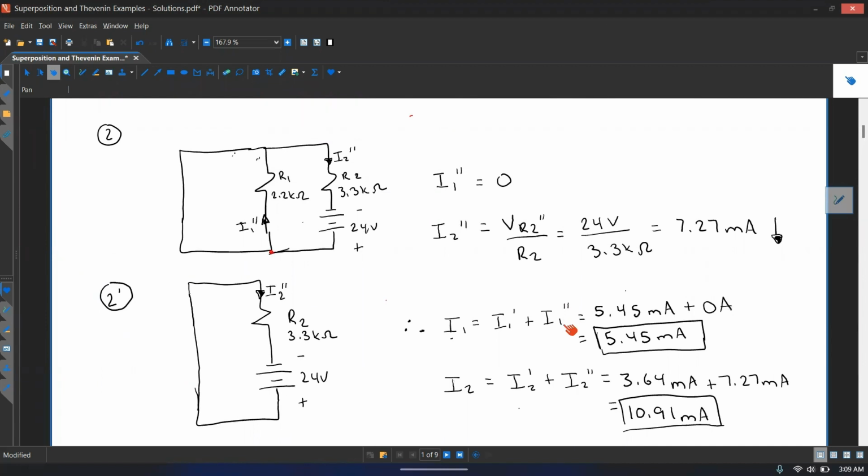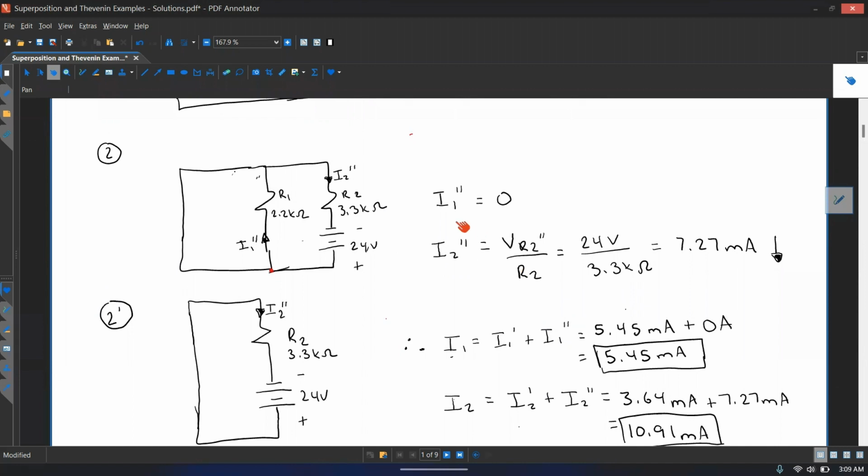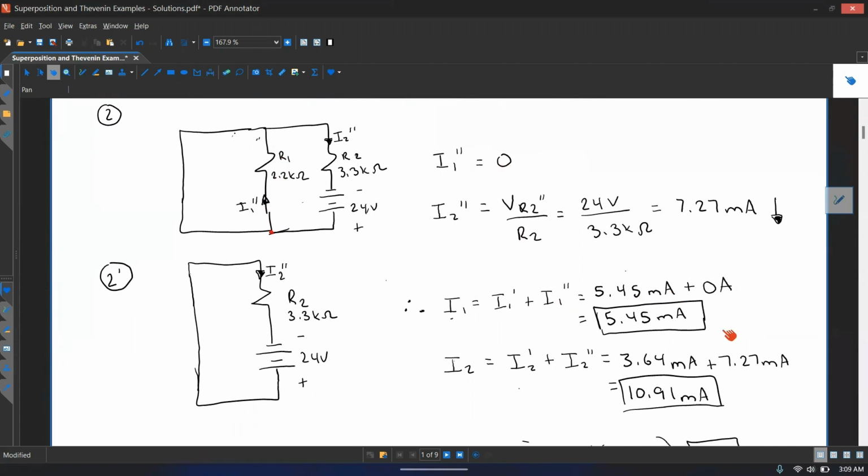We saw that I1 prime is 5.45 milliamps and I1 double prime is 0. The reason it's 0 is because there's no current flowing in this direction because of this short right here. So therefore, I1 is going to equal 5.45 milliamps.